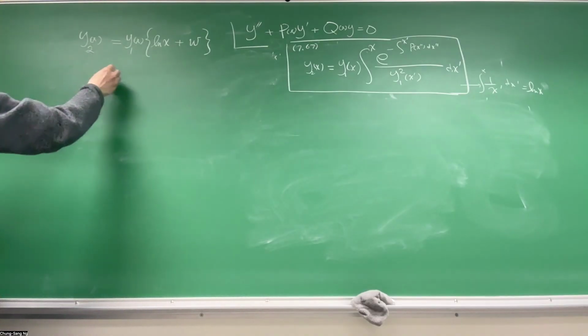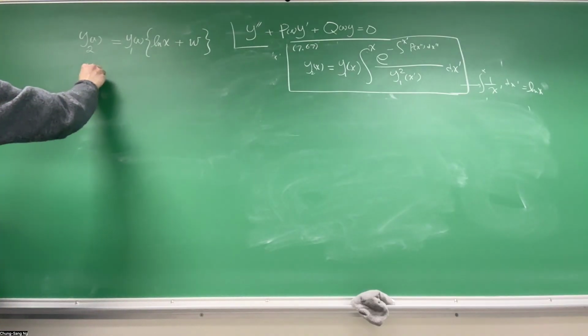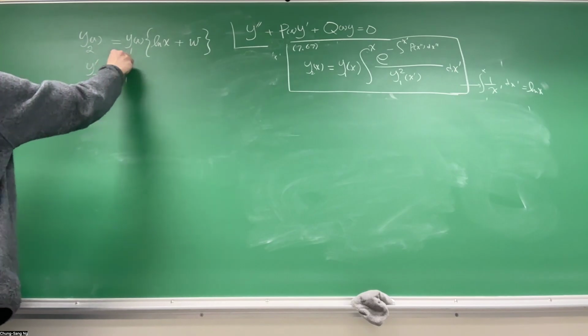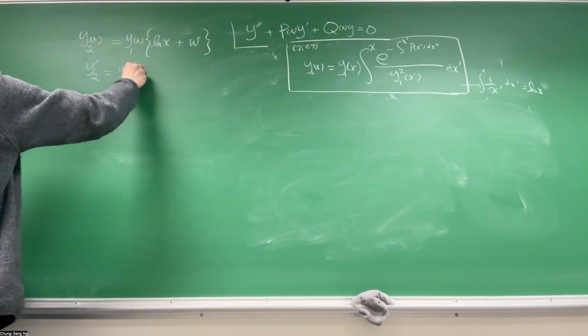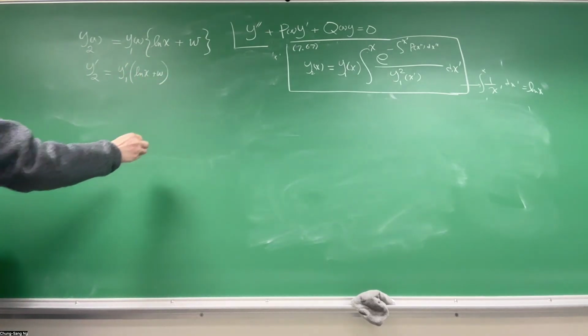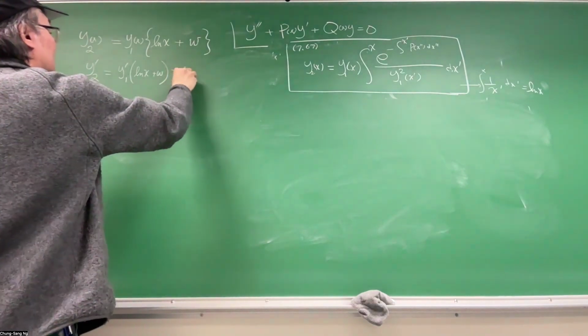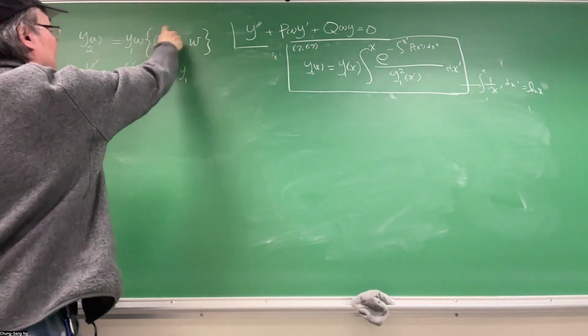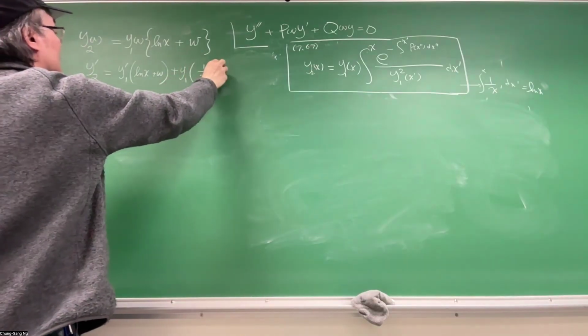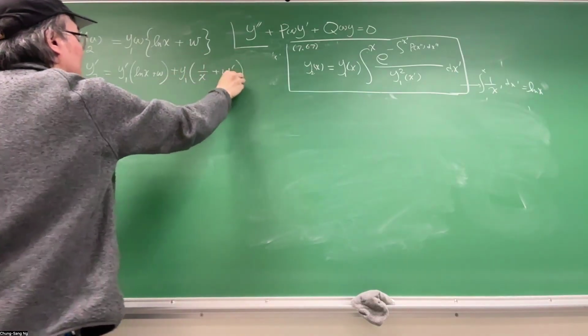So take the derivative: y2 prime will have two terms. One is y1 prime times log x plus w. The second one is y1 times the derivative of this, which is 1 over x plus w prime.